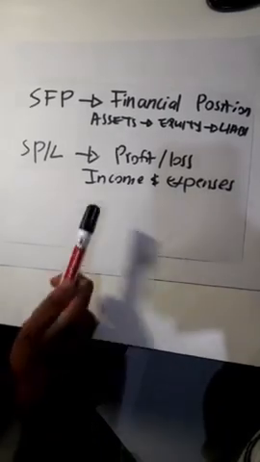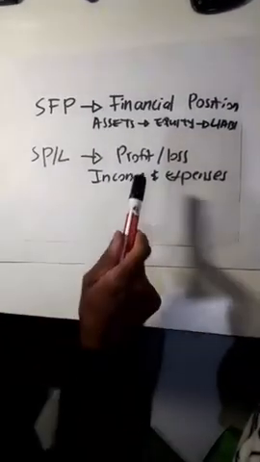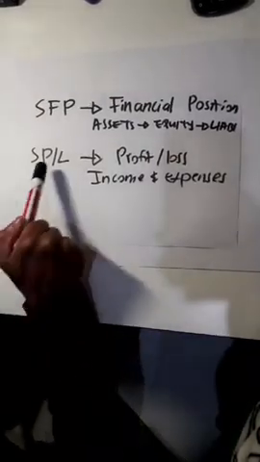Are we fine? Income and expenses are recorded on the statement of profit or loss, and on the statement of financial position we record our assets, equity, and liabilities. They said we should classify our accounts, whether they go to the statement of financial position or the statement of profit or loss, and then we need to narrate.